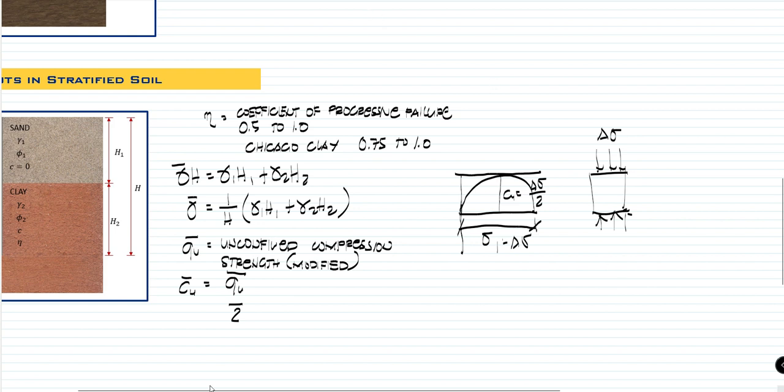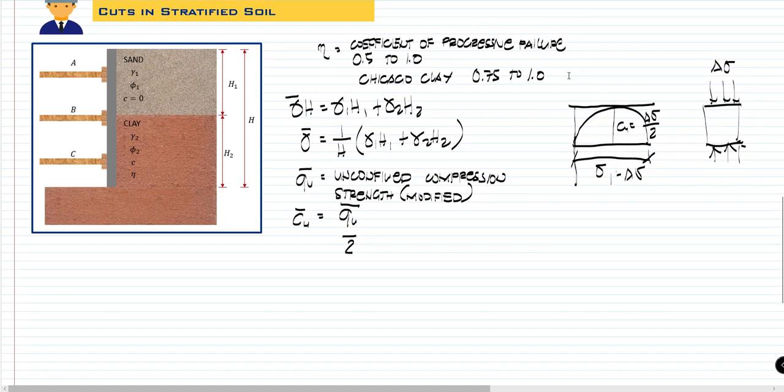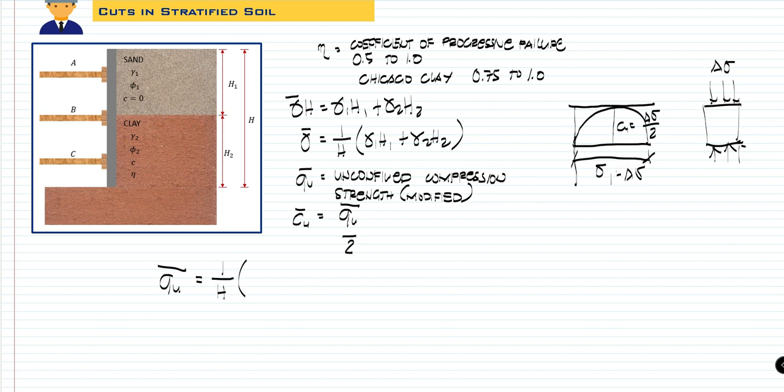So, for this part of the stratified soil, ang equation na gagamitin natin is para makuha yung Cu bar, that will be equivalent to 1 over H times, so this is for the sand muna, that is gamma 1 H1 squared Ks tangent of phi plus 2 H2 eta Qu.